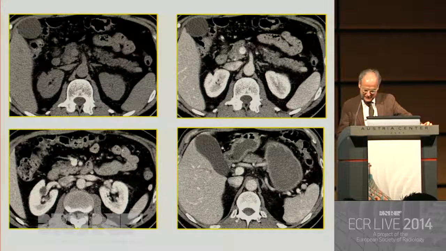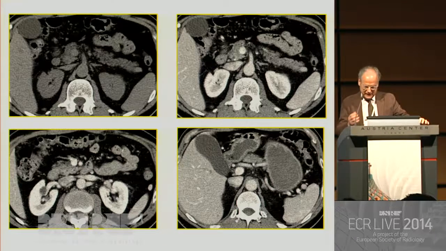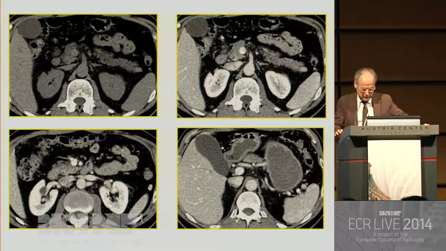So sometimes it's enough to look carefully at the images without performing so many studies to reach the final diagnosis. Anyway, it was an interesting example of the problematics of the differential diagnosis for this type of lesion.